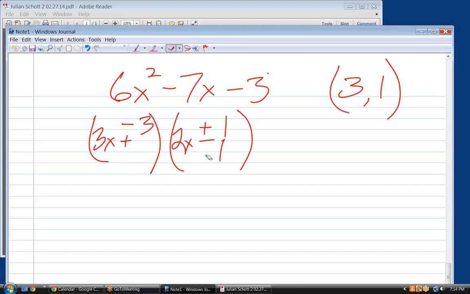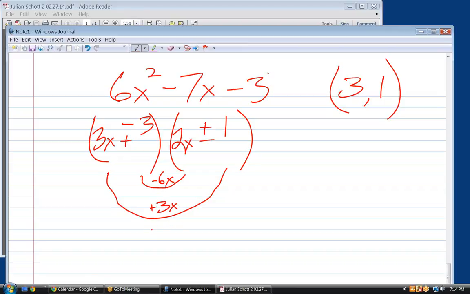Okay. Well, let's just automatically try the first case. What middle term does this produce? Negative 6x. 3x. Add them together.